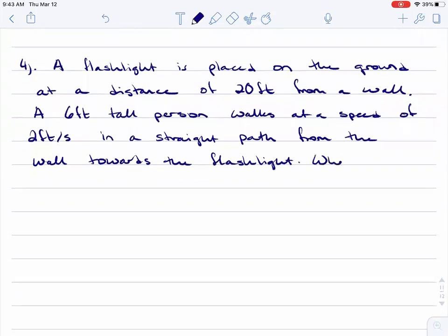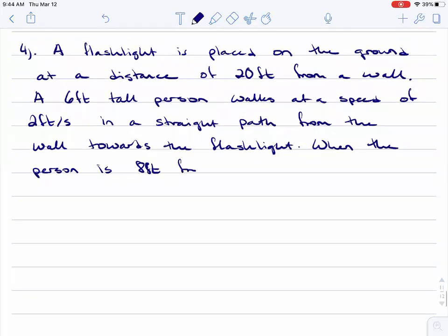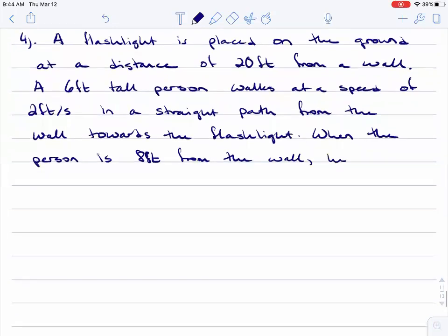When the person is 8 feet from the wall, how quickly is the height of his shadow increasing on the wall?